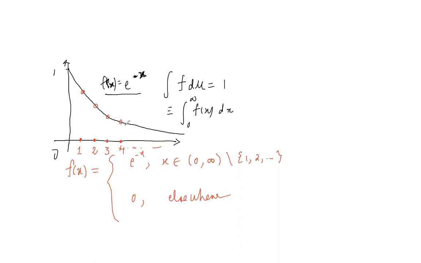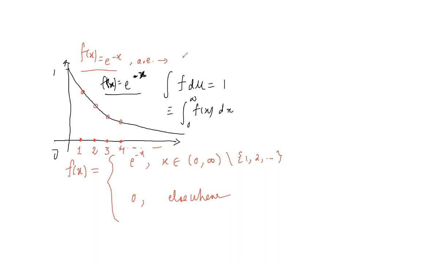So you can still say that fx equals e to the minus x almost everywhere. Because most of the time your fx is basically just e to the minus x.